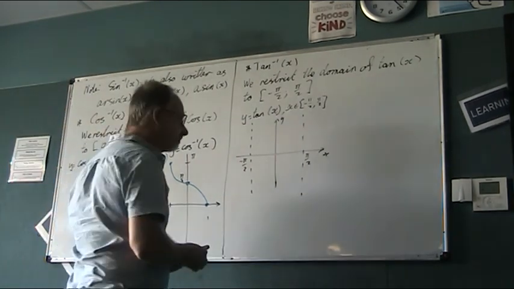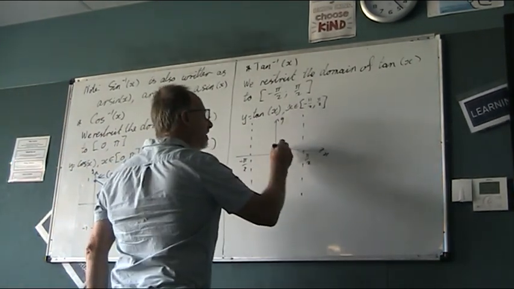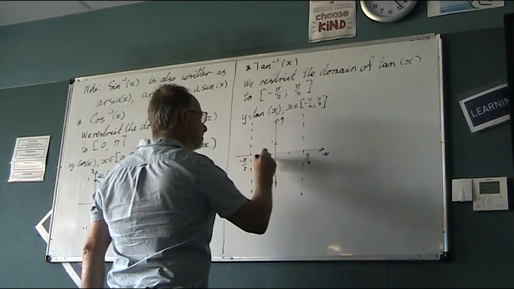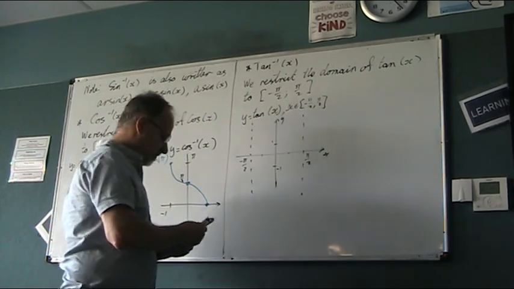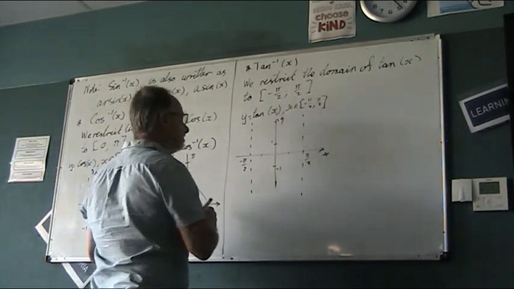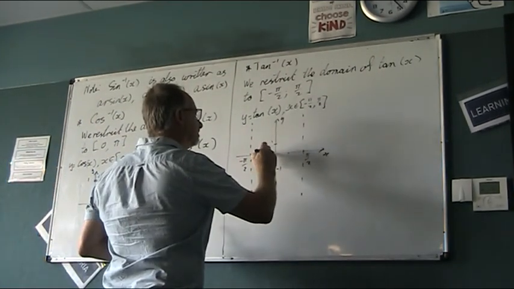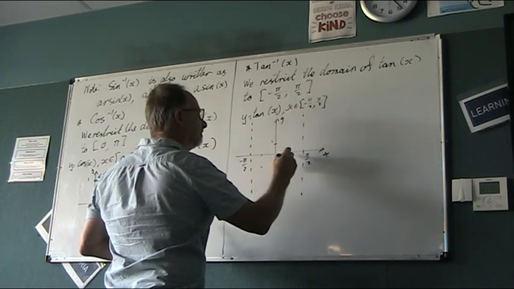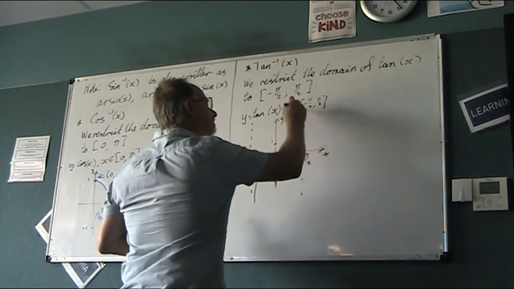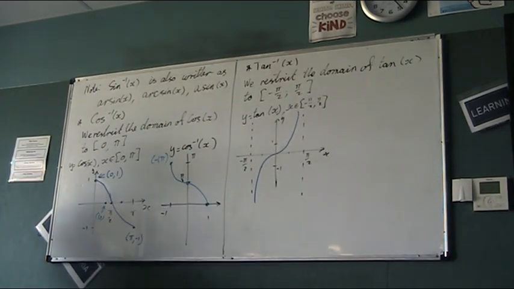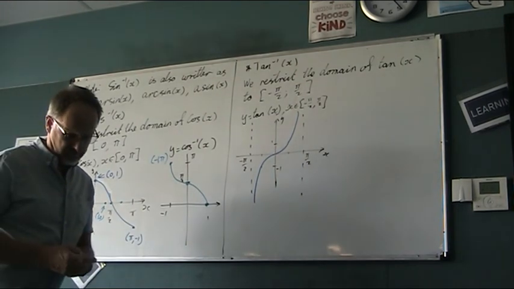And pi on 4, halfway, is where it goes through 1. And minus pi on 4 is where it goes through minus 1. So there's our tan. All right, so when we reflect that, we're not going to get any repeating.